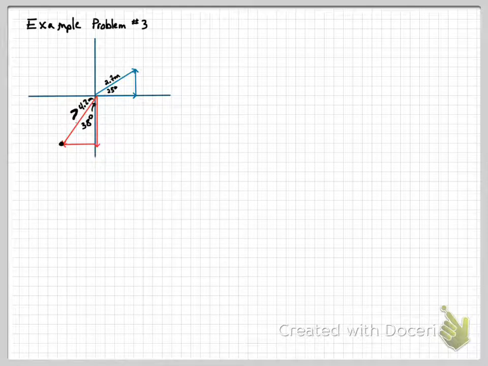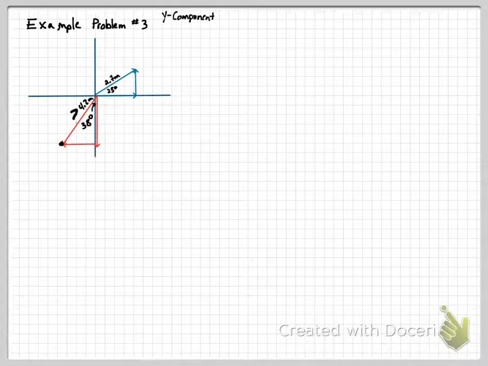So again, two triangles showing the two individual displacements, but what we're going to do is take these triangles and sum the vectors, and so we're going to sum the x and sum the y. So we're going to start off with the y. Again, this is our y component.